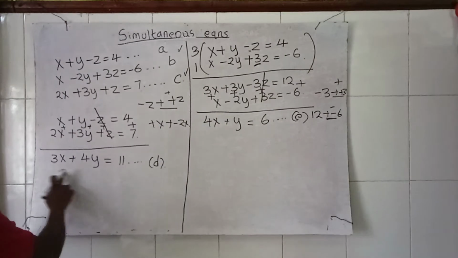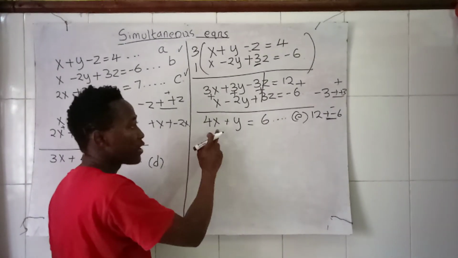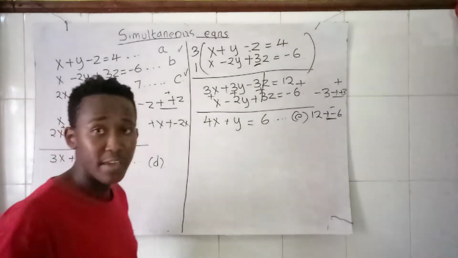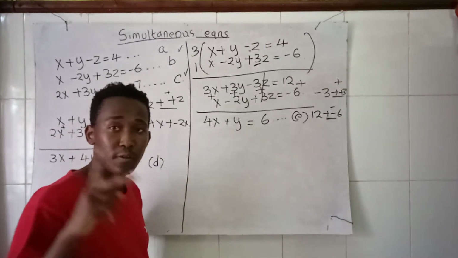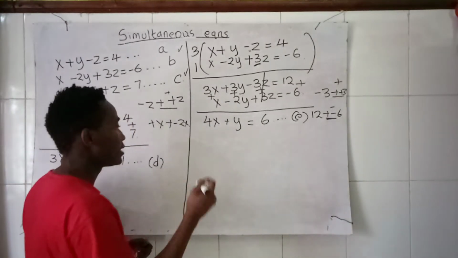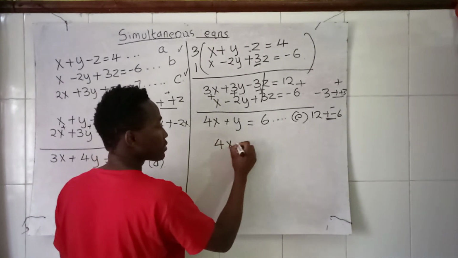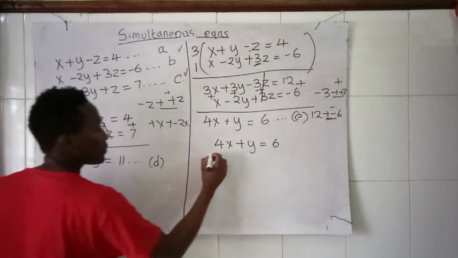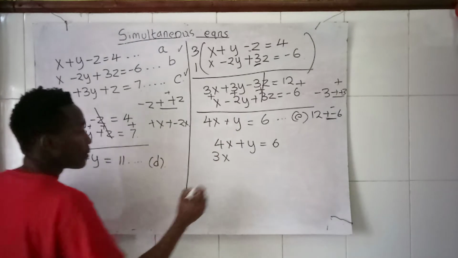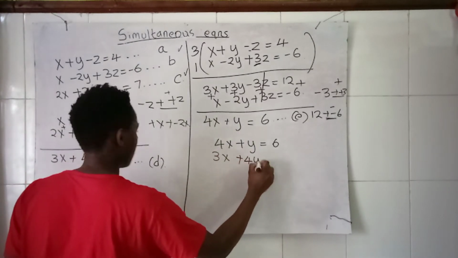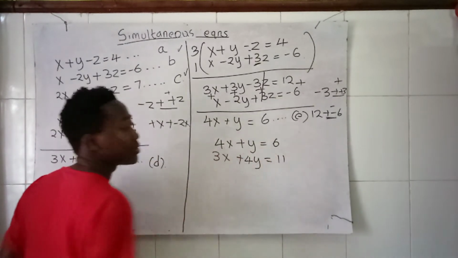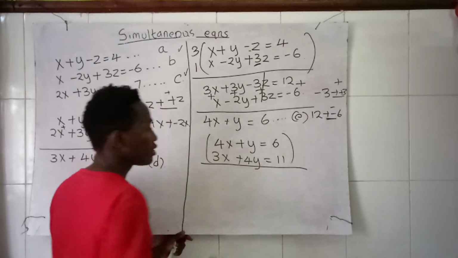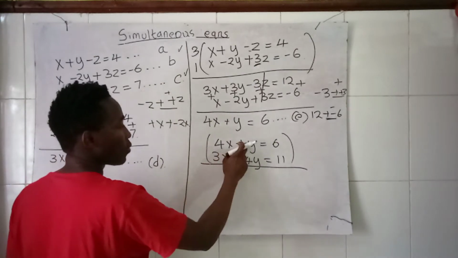So I have equation D, equation E with the variables x and y. So kishafanya hivyo, what do we do? We now solve the two of them simultaneously. So 4x plus y is equals to 6. Na hii question hapa 3x plus 4y is equals to 11. Okay? So the same case 4, 3, 1 na 4.